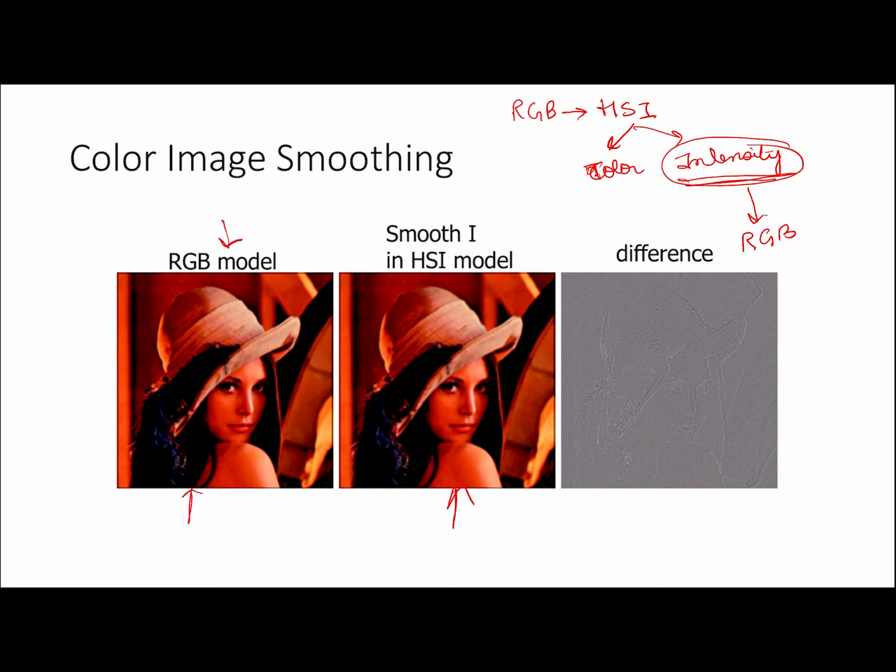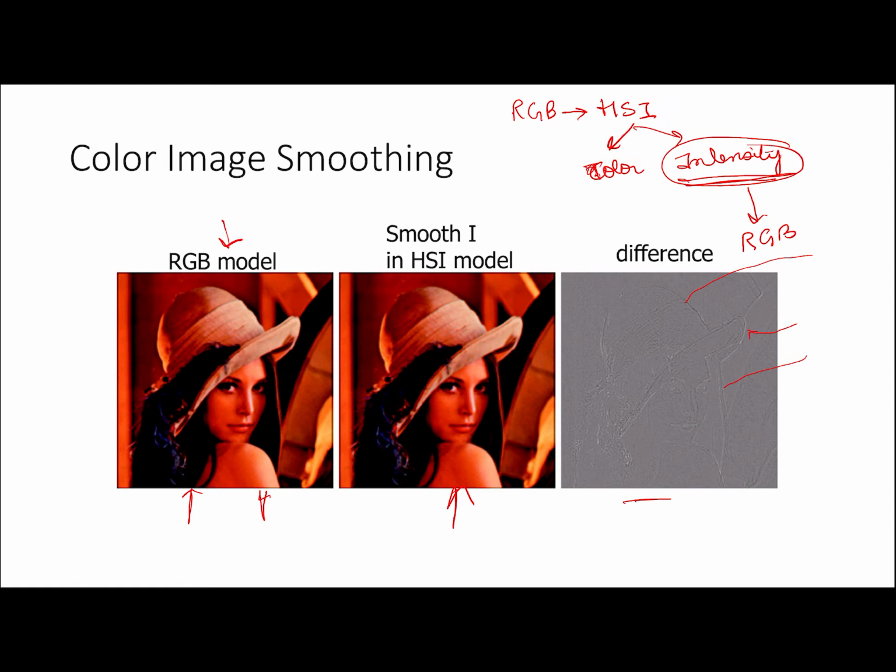Now note that it looks similar to the RGB smoothed image, but as you can see from the difference image, the two smooth images are not exactly identical. We have some differences here. So why are these two images not identical?